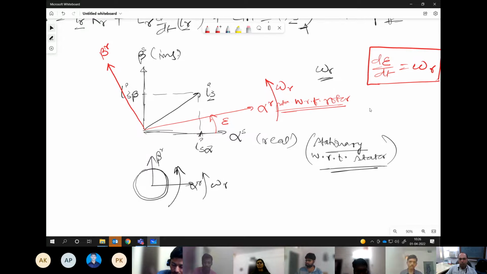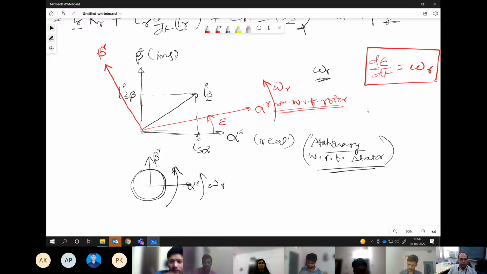So now what is the meaning of this quantity, Is referred to the rotor reference frame? We are trying to get how this rotor reference frame is seeing this quantity, which means the projections of this vector on these axes, alpha r and beta r. It is the same vector. When you say Is, I am writing Is alpha plus j Is beta.